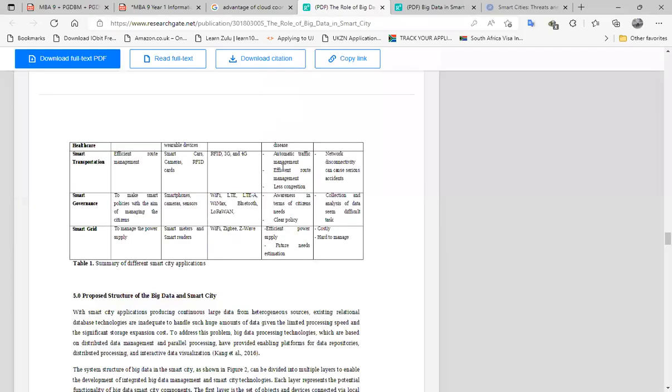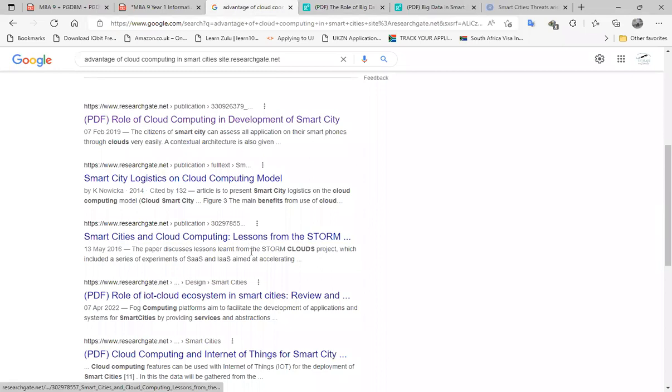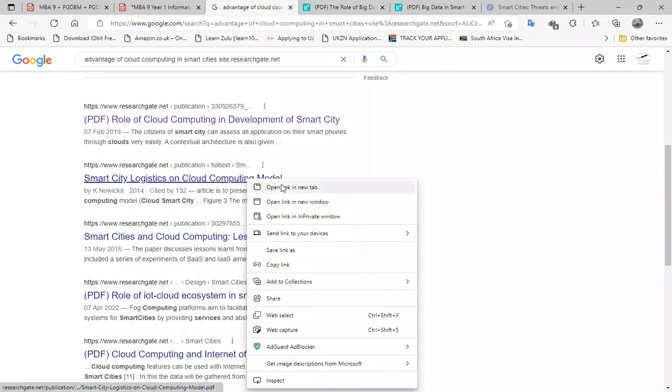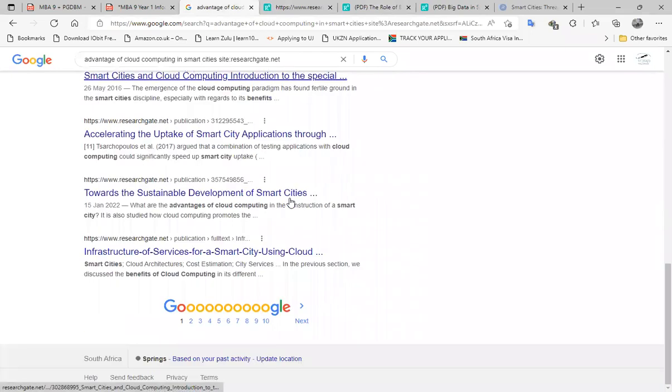We're talking about the advantages of cloud computing, right? Some of the things that might come with the use of cloud computing is scalability, right? Just explaining now.